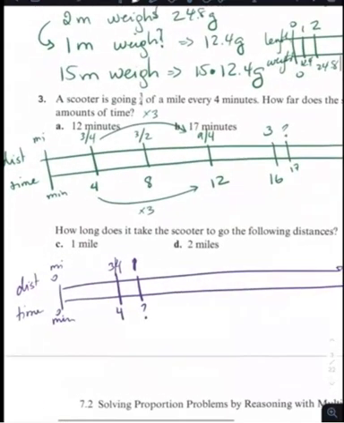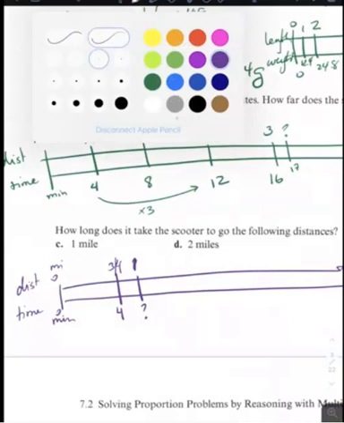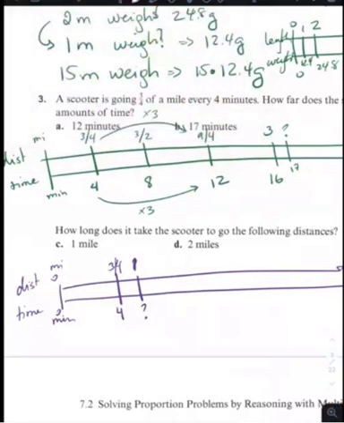Well, there are a couple of ways we can do that too. So for example, if we want to know what 1 mile is, could we figure out what 1/4 of a mile would be? There are 3/4 in this distance of a mile. So if we want to do 1/4, we would need to take 1/3 of that. Right?